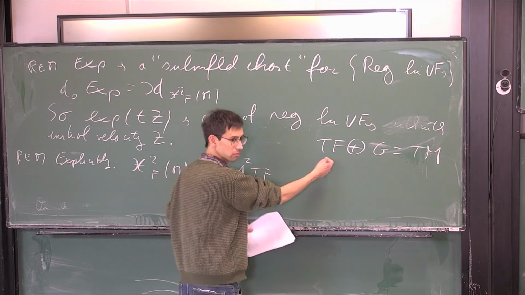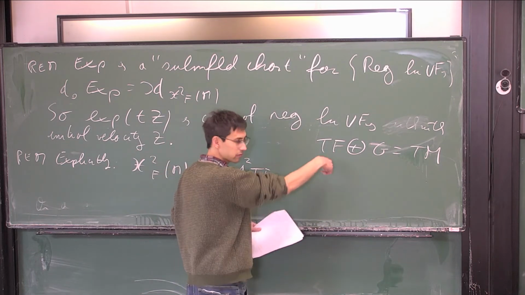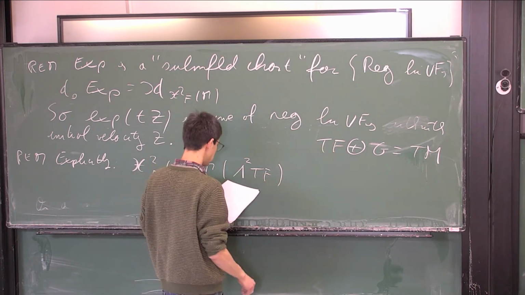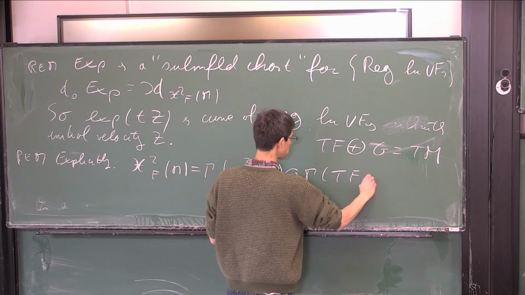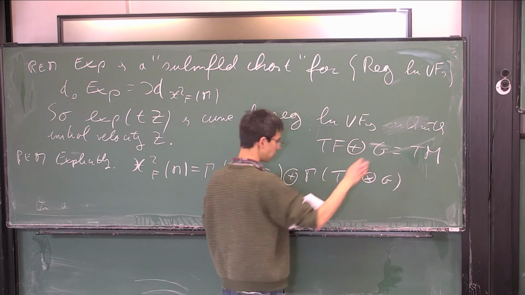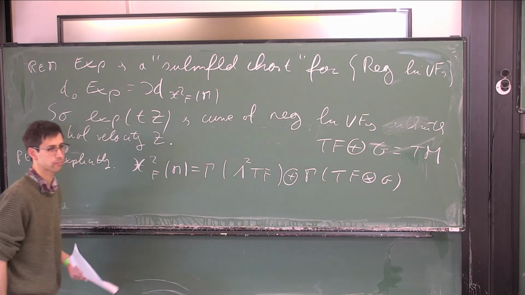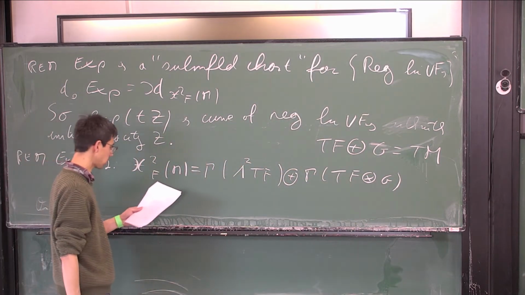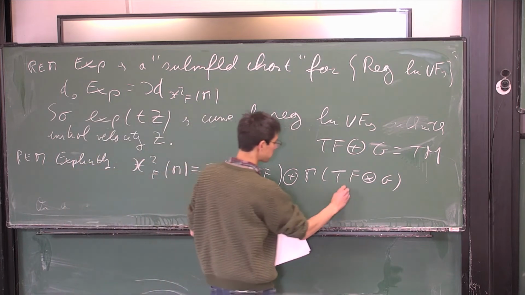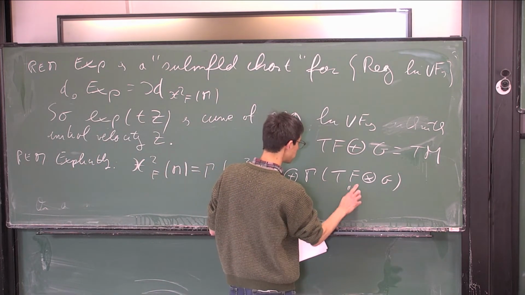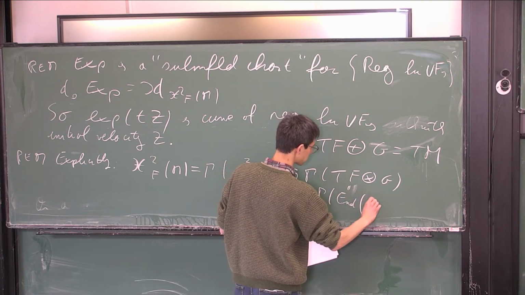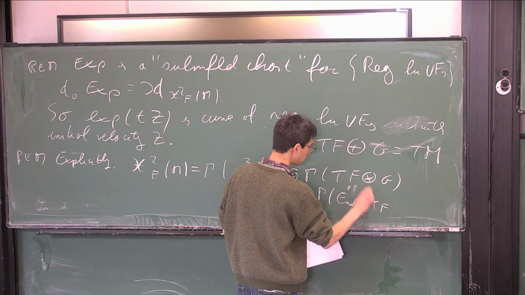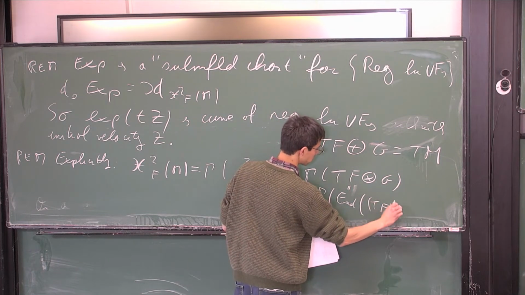So wedge 2 of TM is the direct sum of three components. Here I have only two of them. These good bivector fields contain only two of them; they don't contain wedge 2 of G. I can think of this as endomorphisms from the dual of this distribution into G.